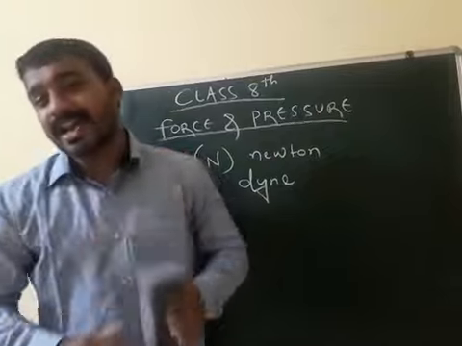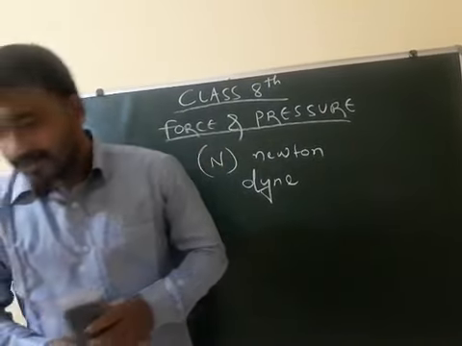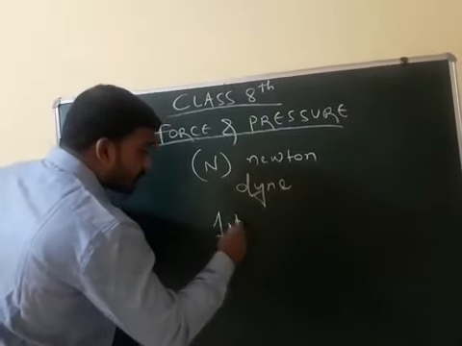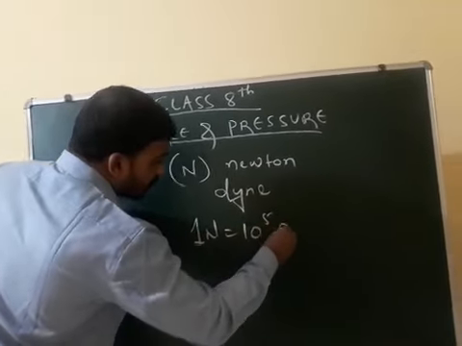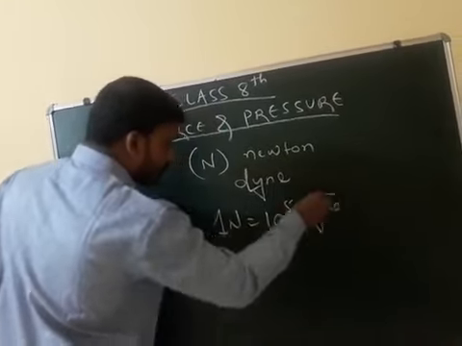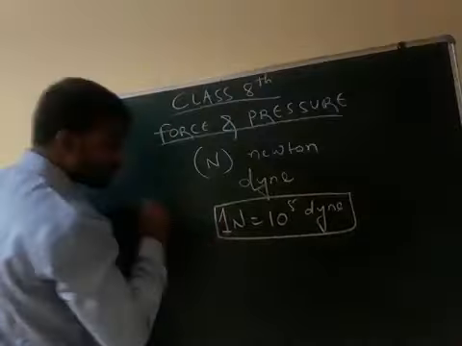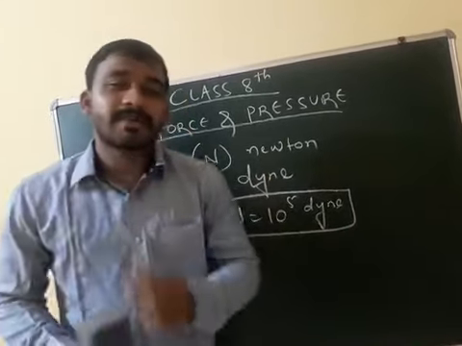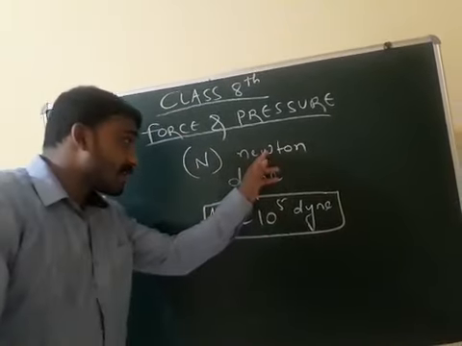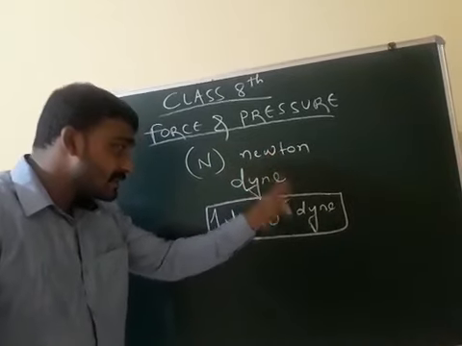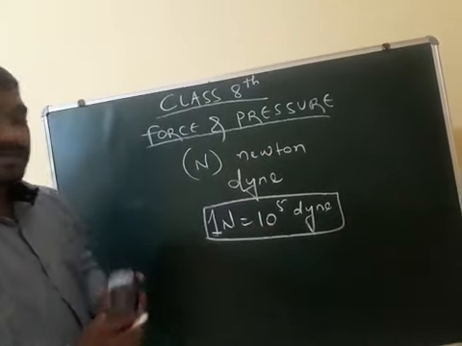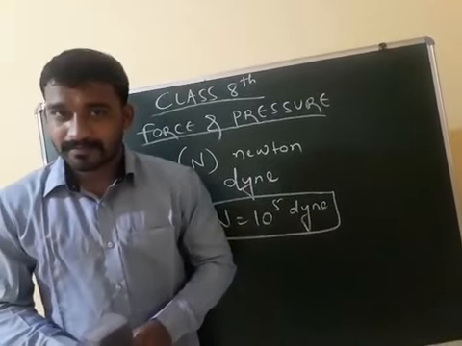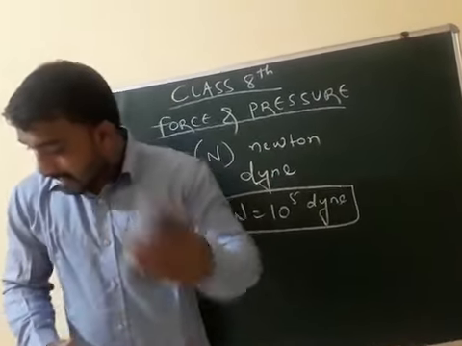And how are they related to each other? 1 Newton is equal to 10 to the power 5 dyne. This is the relation between the CGS and SI units. Clear? Next one.